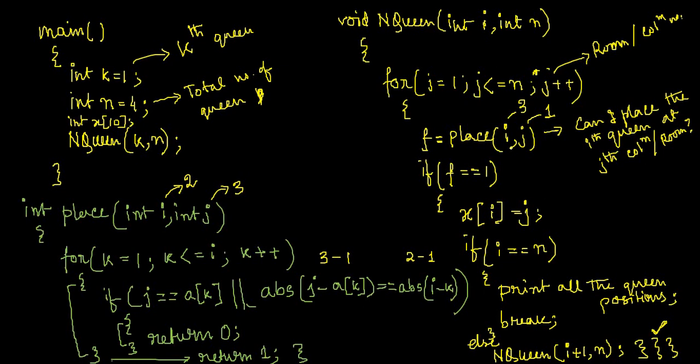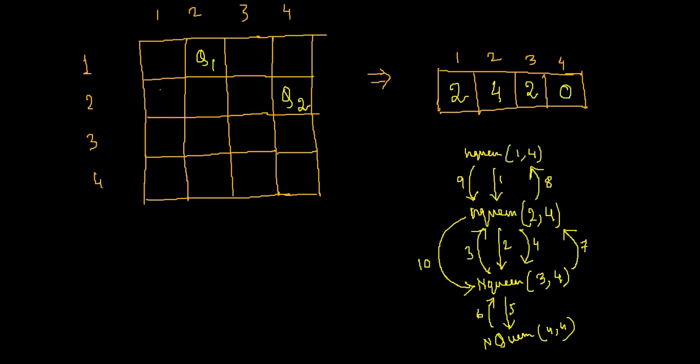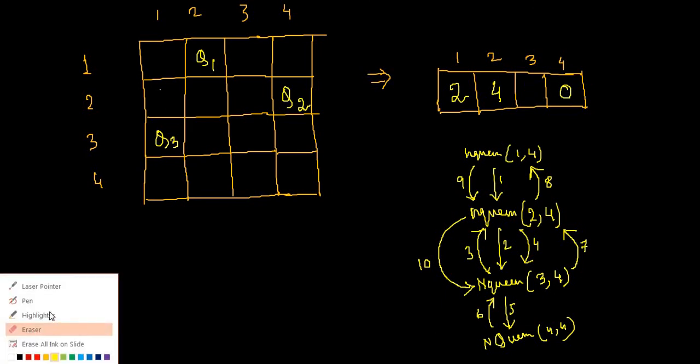So for position 1, this place function will return true. As it will return true, what will happen? This a of i equal to j will work. That means the new position for queen 3 will be this position. Fine. That means that will get updated over here also, because of x of i equal to j.